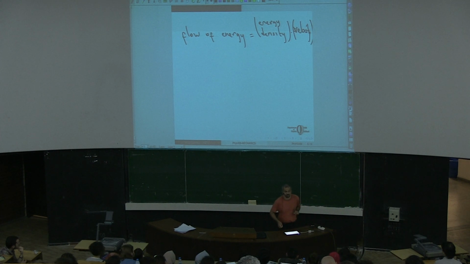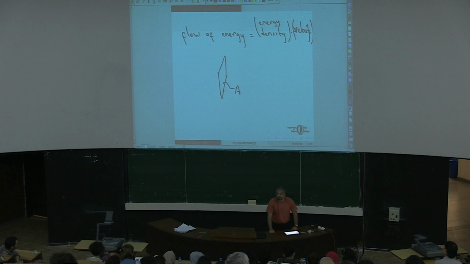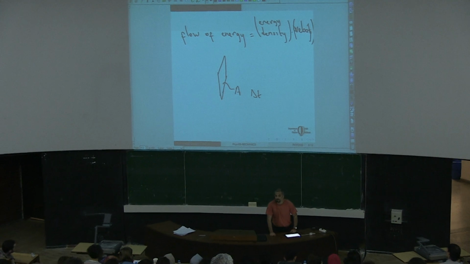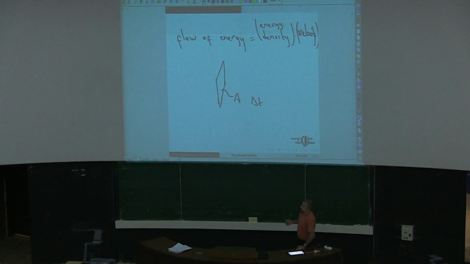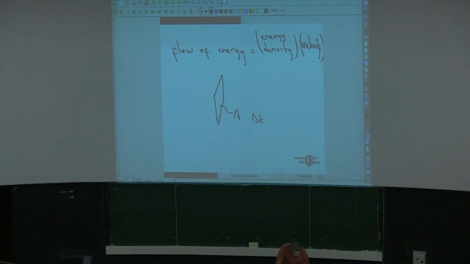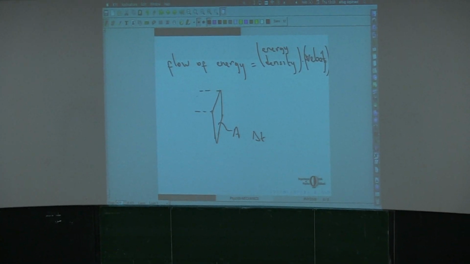That's what we are trying to calculate. Now, to see this relation, let's just imagine we have some unit area, let's call it A, and how much energy passes through it in a time delta t. To calculate this, we can just consider this volume.